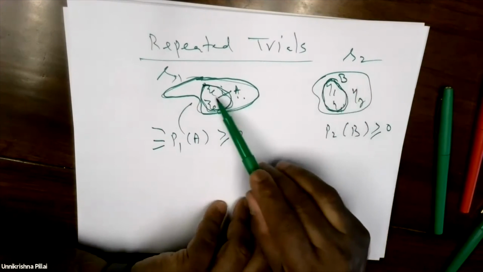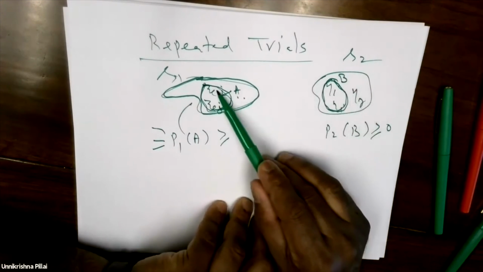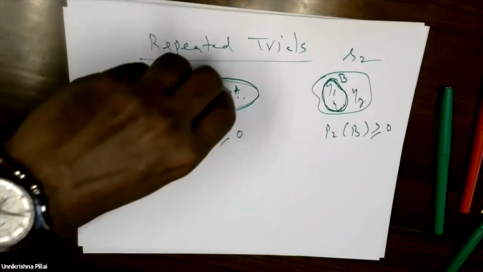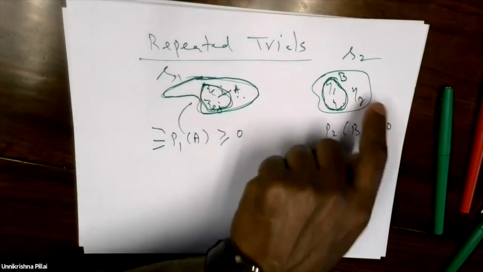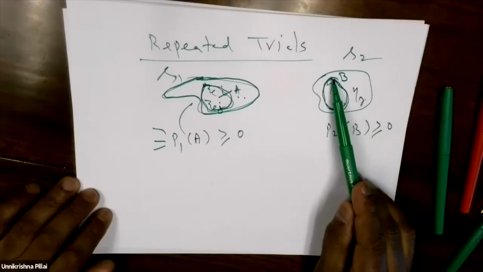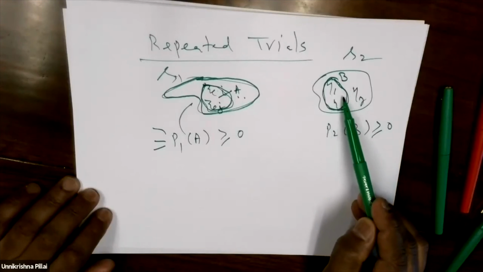So remember, we have two experiments. Maybe it is the same experiment repeated, or it could be a different experiment. So this could be tossing a coin, and this could be tossing a dice. The dice has 6 faces, so here the outcomes will be F1, F2, F3, F4, F5, F6.